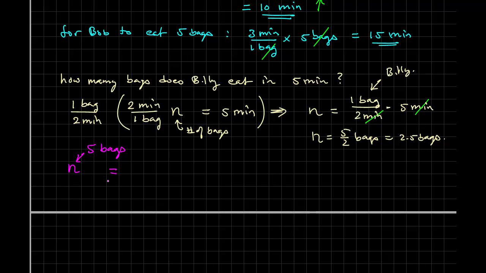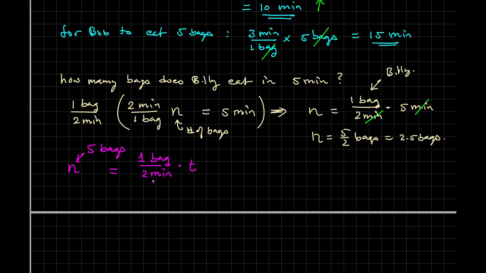And we know that Billy eats 1 bag per 2 minutes, but we don't know how long it's going to take, right? So this is what we don't know. This is the time. I'm going to go ahead and put T for time, okay?